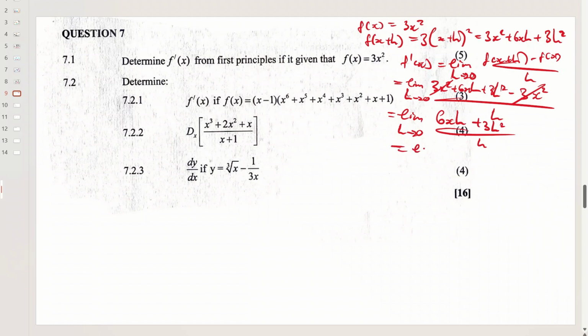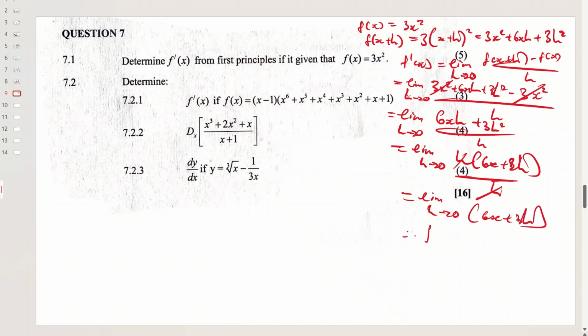So now I have this, and now this is rationalized. So therefore, f prime of x is just 6x. See how fast I am. Lightning.